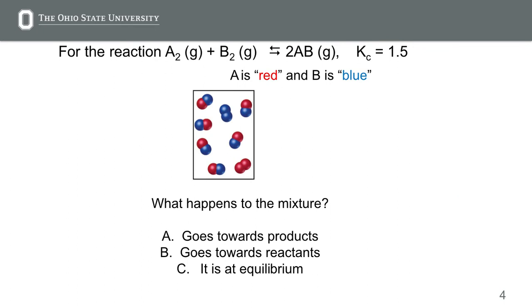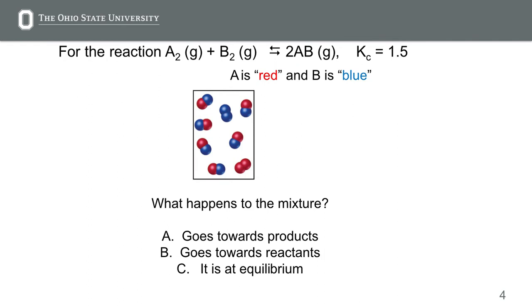Okay, so let's take a look now. We're going to use our sphere model. So we can say that we have the reaction A2 plus B2 in equilibrium with 2AB. This is slightly different than the other reaction with the spheres.